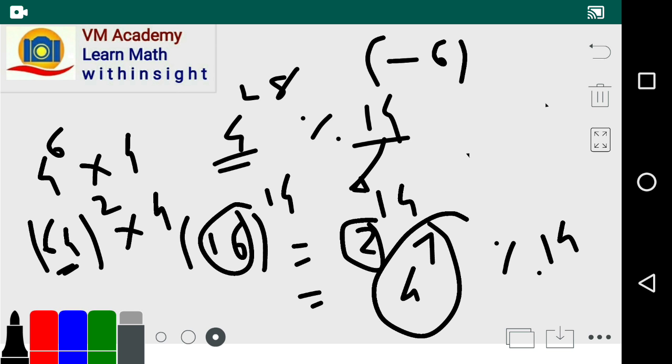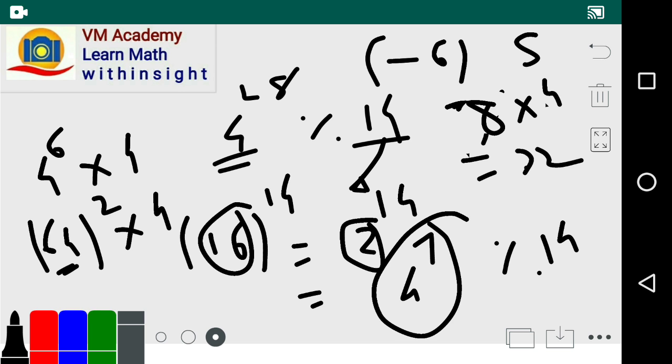Minus 6 squared is nothing but 36 into 4, and 36 divided by 14 is nothing but 8. So replacing this by 8, we get 8 into 4, that is 32, and 32 divided by 14 gives remainder 8, friends.